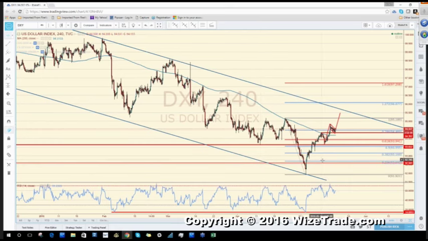So the flag looks like it's trying to play, but again, a breakout above 94.85 is going to open up the doors for a significant rally, in my view. All right.